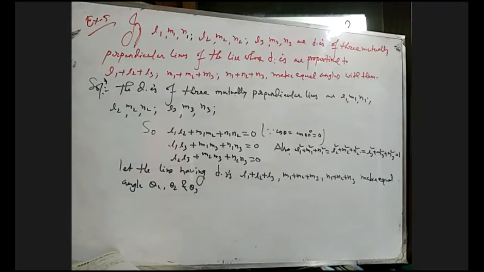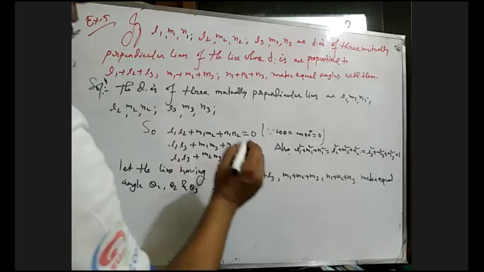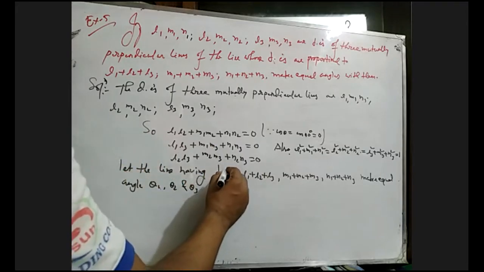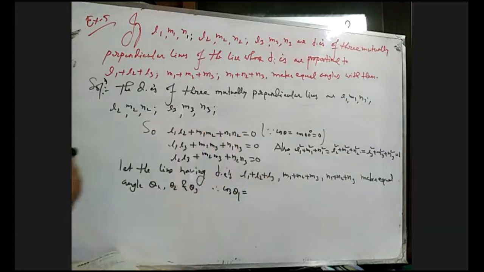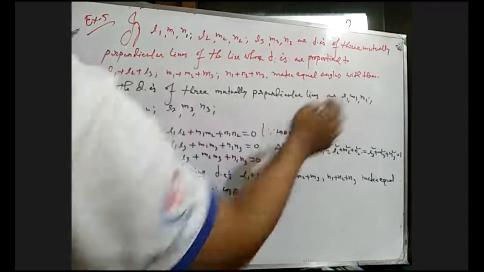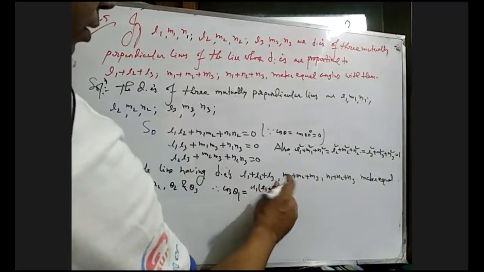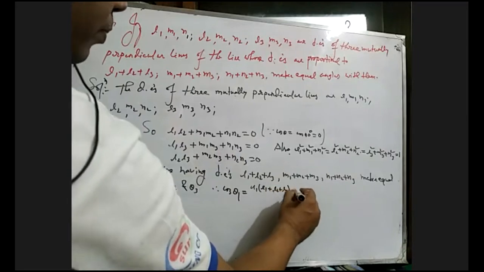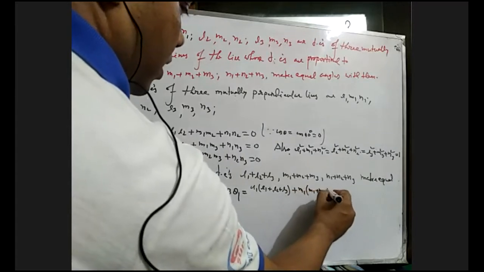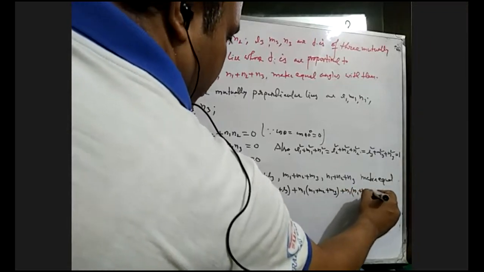So cos theta 1, what will be? Using the direction cosines, for the first line L1, M1, N1, and this direction ratio: L1 into L1 plus L2 plus L3, plus M1 into M1 plus M2 plus M3, plus N1 into N1 plus N2 plus N3.